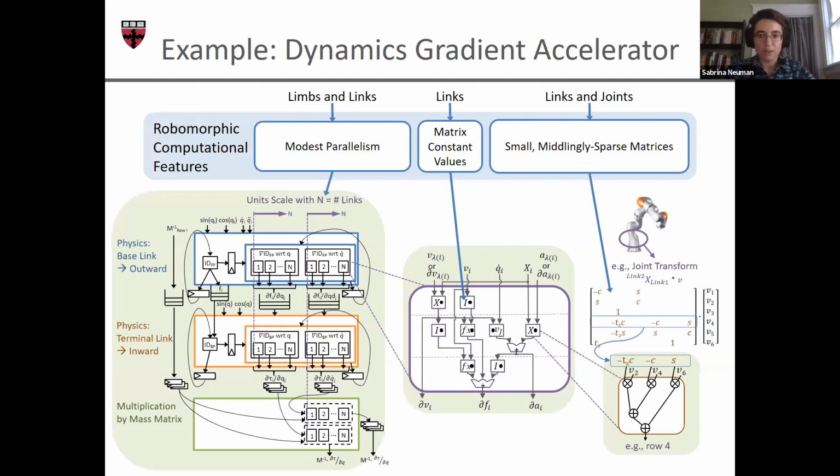We took the limbs and links, and we turned those into parallelism in the processing elements. And we took the inertial properties of the links, and we made constant values in all of the little functional units. And then we took link and joint information and used that to determine the sparsity patterns in the matrices, which we turned into customized functional units by pruning multiplier adder trees. So again, morphology turning into accelerator morphology.